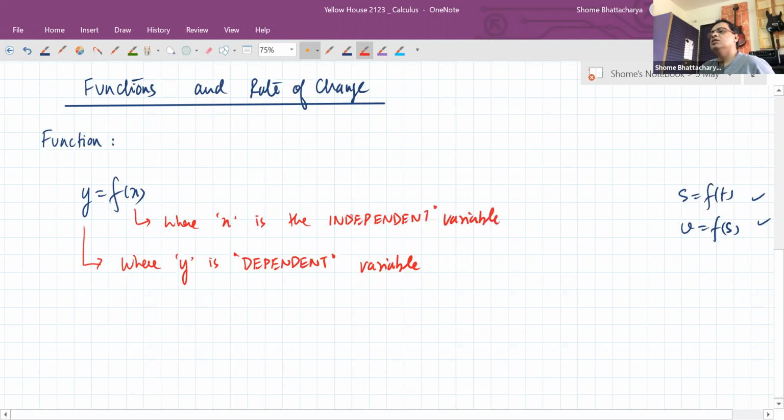So what the function is doing is relating the dependent variable with respect to the independent variable.